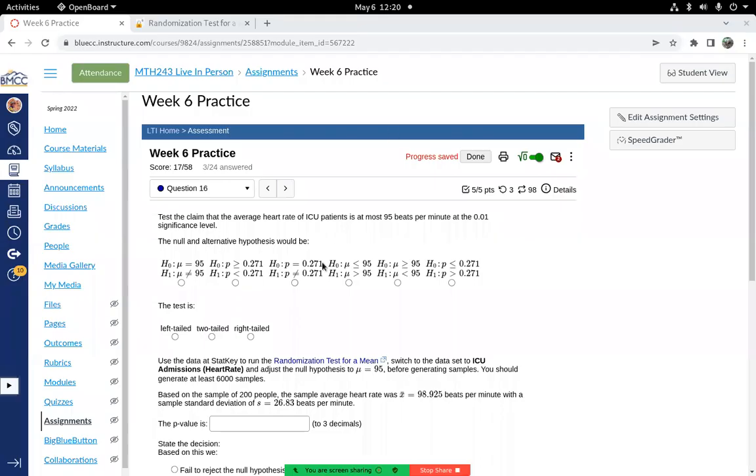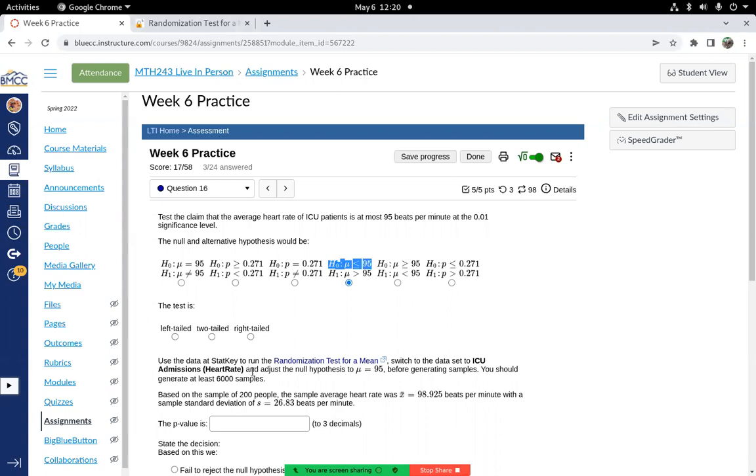And so this particular homework problem asks me to select the right hypothesis set here. And this is a mean and not a proportion, so don't pick p. And at most meant less than or equal to. So I'm looking for one that had mu is less than or equal to. I see it right here. And then alternative Ha, H1, greater.